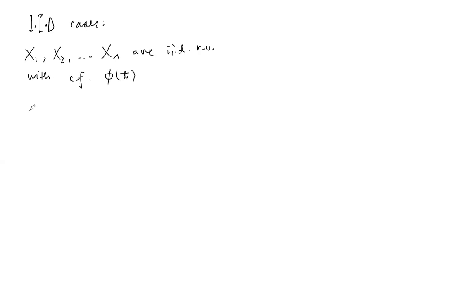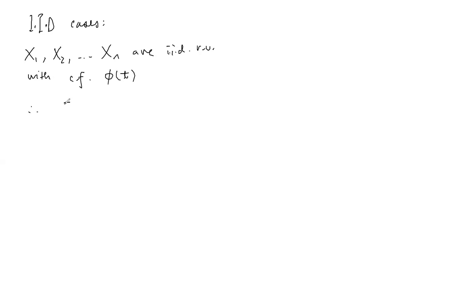So now we can actually talk about IID cases. Let's say X1, X2, ..., Xn are IID random variables with characteristic function phi t.